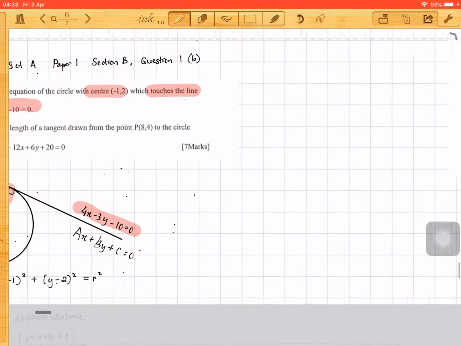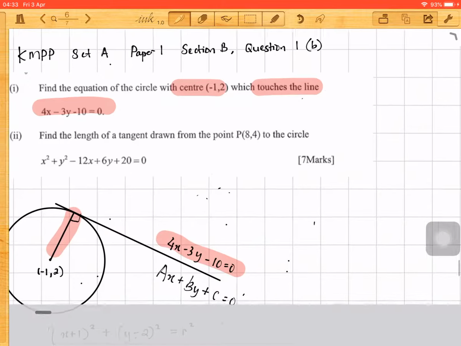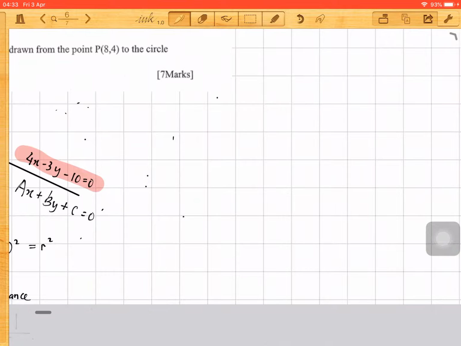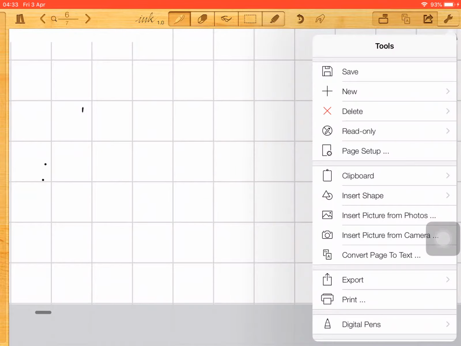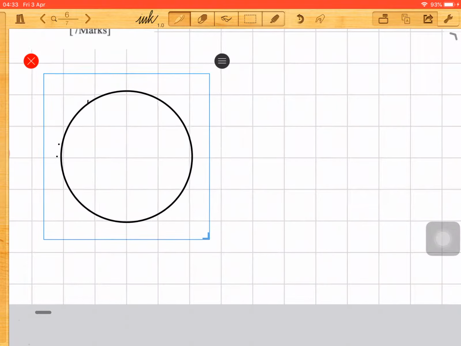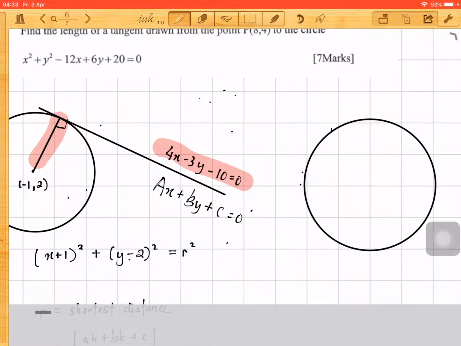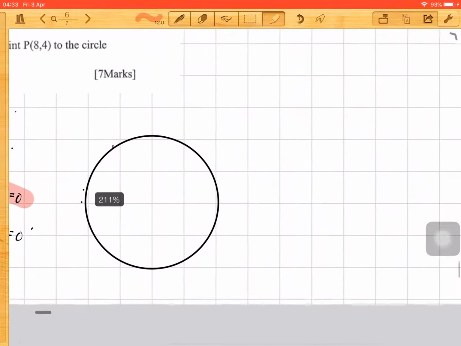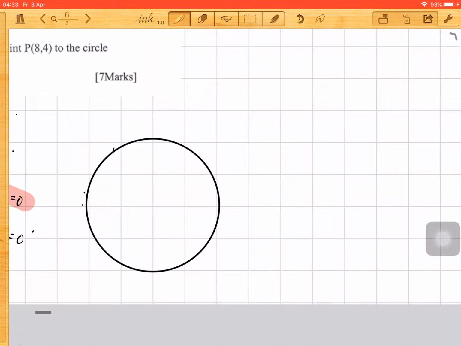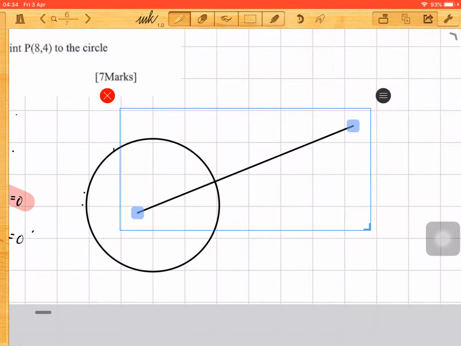So for part B, we have another part of the question, which is find the length of the tangent drawn from the point to the circle. This question has nothing to do with the other question we did just now, so we need another diagram. Let's have a circle here, and this is the circle, which given the equation is this one: x squared plus y squared minus 12x plus 6y plus 20 is 0, and there is a point, and we have to find that distance.